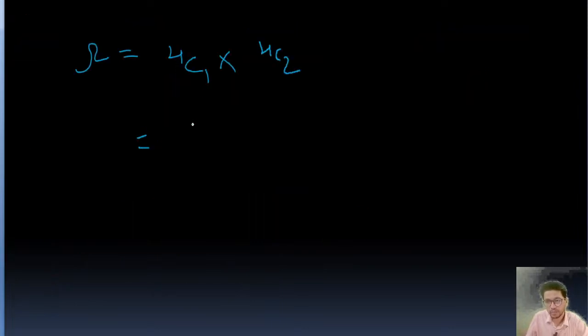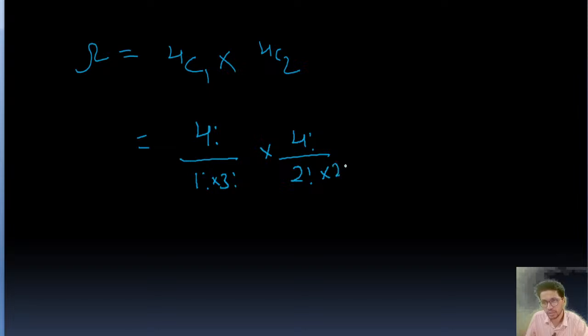Okay, so we'll solve it. So this is going to be 4 factorial upon 1 factorial into 4 minus 1, that is 3 factorial, right, into 4 factorial upon 2 factorial into 4 minus 2, 2 factorial, right.